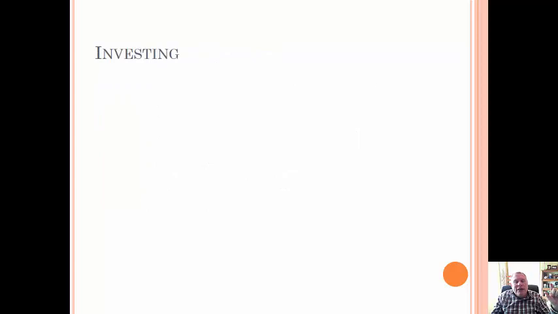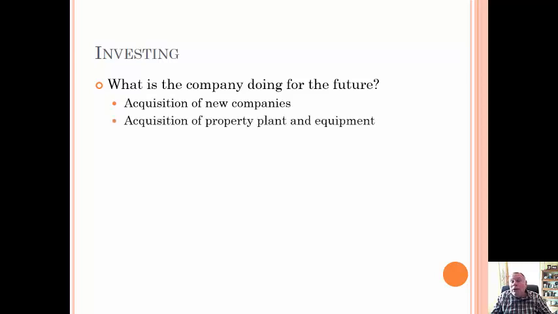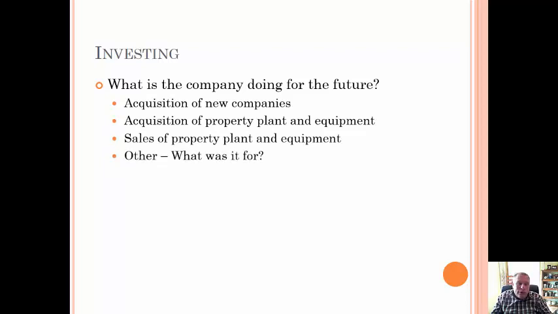Next piece to looking at is investing. Okay, what is the company doing for the future? Are they acquiring new companies? Are they buying more property, plant, and equipment? Or are they selling property, plant, and equipment? Or other? What was it for?